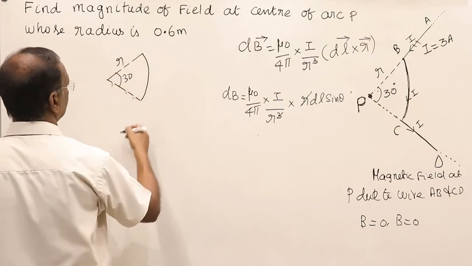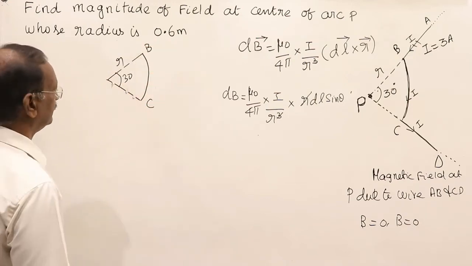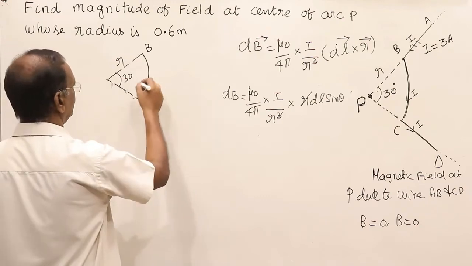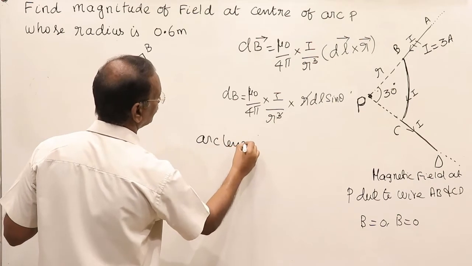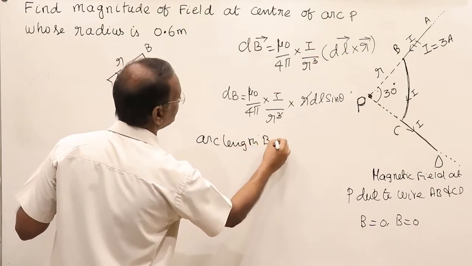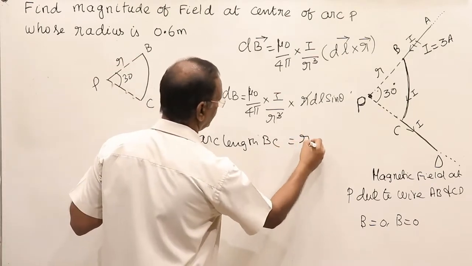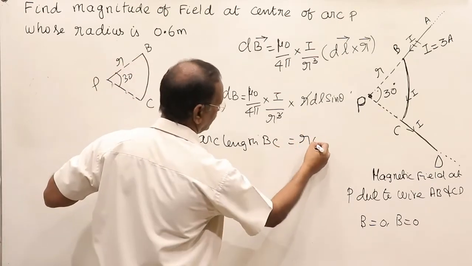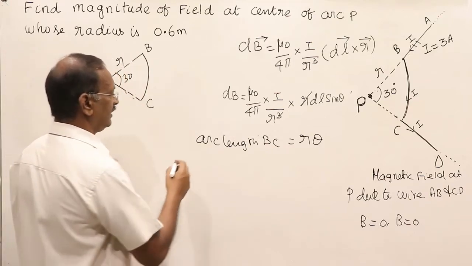This is R, and this is B comma C. The arc length of BC with respect to the center is equal to the radius into the angle subtended. So it means the arc length.